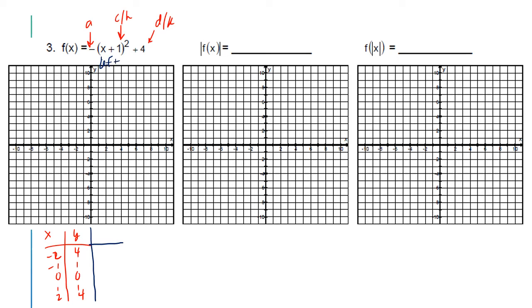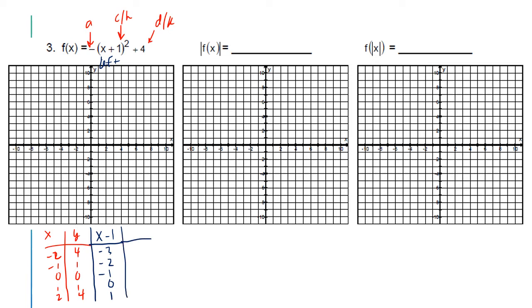So if I need to shift this to the left, I'm going to have to subtract 1 from each one of my x's. So this is going to be x minus 1. So -2 minus 1 is -3. -1 minus 1 is going to be -2. 0 minus 1 is -1. 1 minus 1 is going to be 0. 2 minus 1 is going to be 1. So those are my new x's, okay?